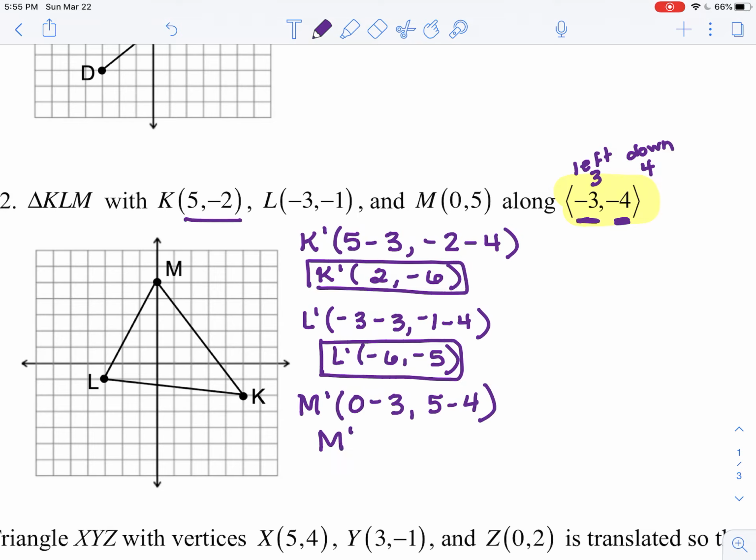So M prime goes to negative 3, positive 1. You still then need to plot the points and show the graph, but this is the other method. So K prime is now at 2, negative 6, down here. L prime is negative 6, negative 5, and M prime, negative 3, positive 1.